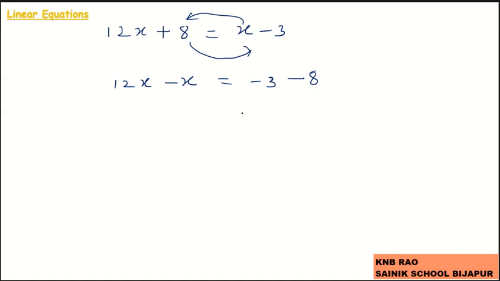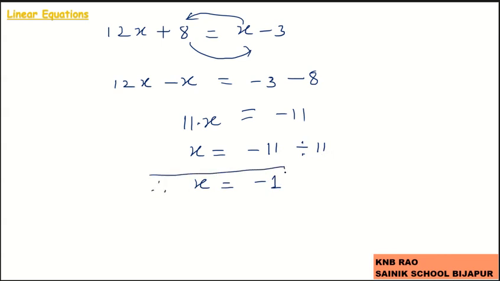Now, 11x, 12x minus x is 11x, and minus 3 minus 8 is minus 11, and 11 is multiplying to the variable x. If it comes this side, it does division. Therefore, value of x is minus 11 upon 11, which is equals to minus 1.